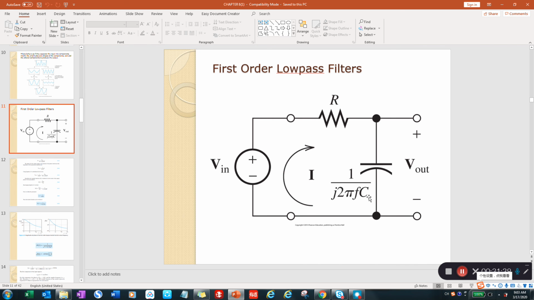This is a series circuit, so we can figure out the total impedance. Then use the voltage divided by the impedance, we can know the current. Then use the current multiplied by the impedance of the capacitor, we can figure out the output. Then use the output divided by the input, we can figure out the transfer function.